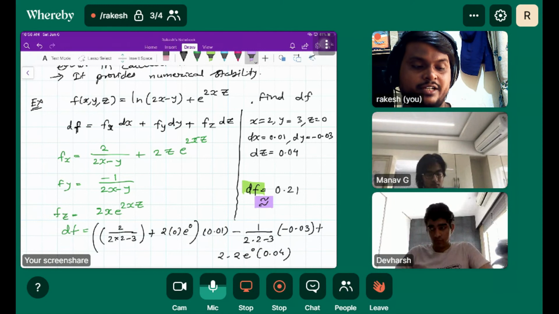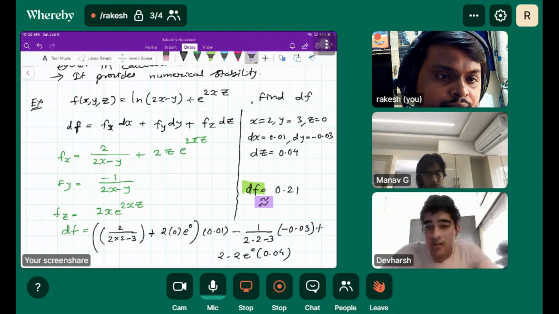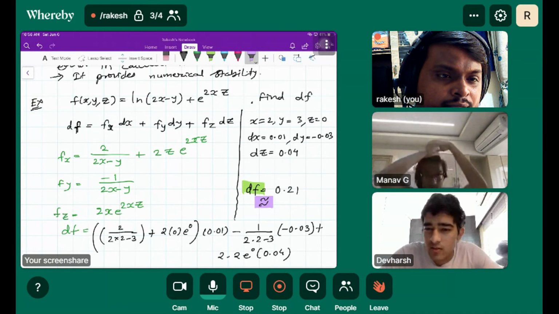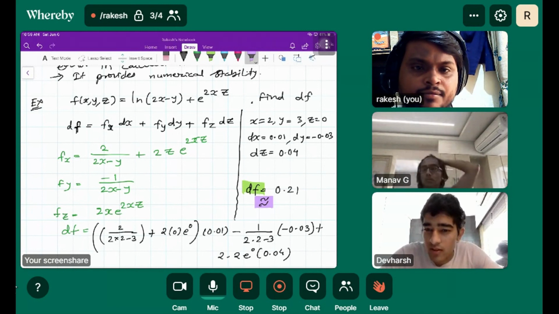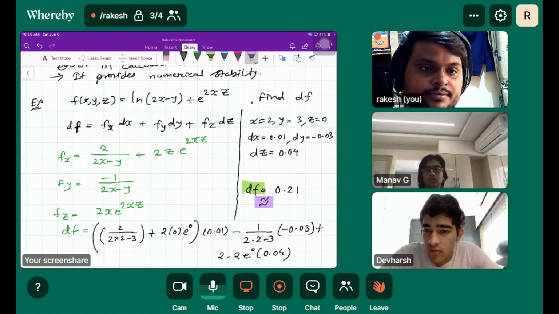So this is really important. This kind of reminds me of that Euler's formula thing in paper 3 of IB. Euler's is for a fixed increment.